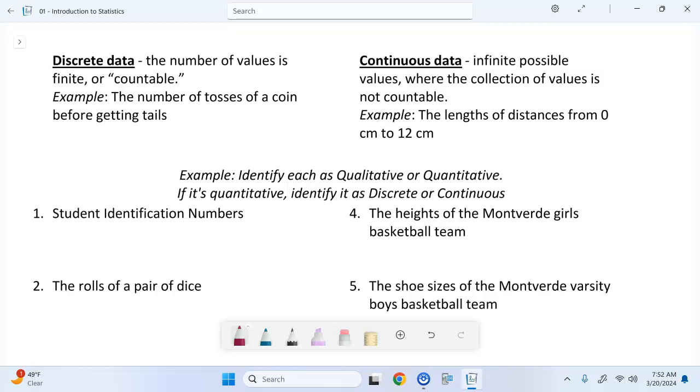Discrete means that the number of values is finite or countable. Right? For example, the tosses of a flip of a coin. I can flip the coin once, I can flip the coin twice, I can flip it 3 times. I cannot flip it 3.5 times. I can't flip it 4 3/4 times.